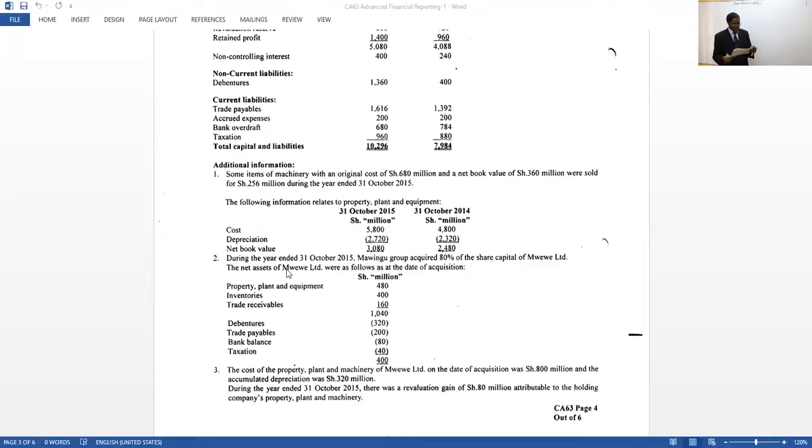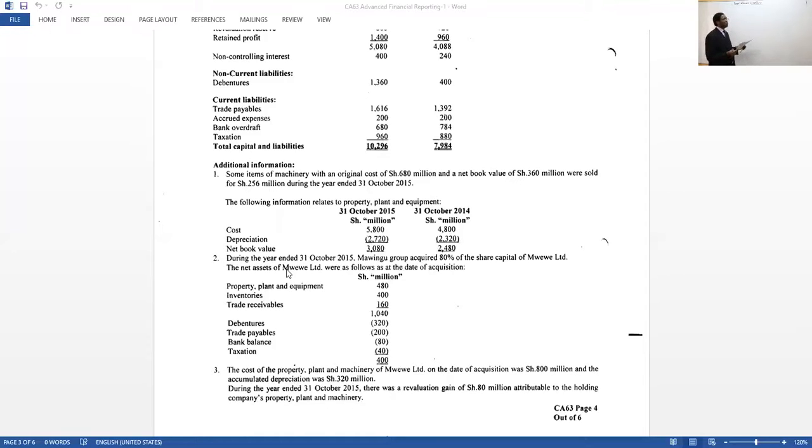Number five, total purchase price of the 80% shareholding in Mwewe Limited was 360 million, which was paid by issuing 80 million worth of shares at par value, with the balance being paid in cash. Required. We are required to prepare a group statement of cash flow using the indirect method for the year ended 31st of October 2015 in conformity with the requirements of IAS number 7.